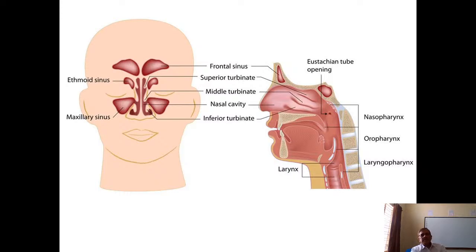These are very vascular, particularly the inferior turbinate. And as the blood is warm, the air which comes in contact with the submucosal blood vessels gets heated up.